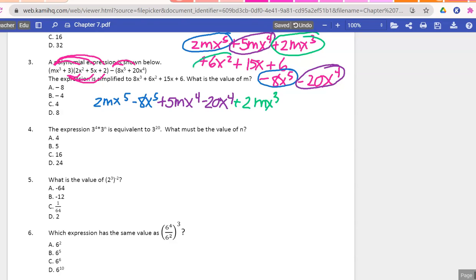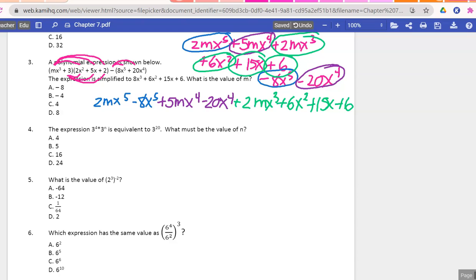I have 6x squared, 15x and 6. None of those things have like terms. That's why I wrote them all in the same color. So those guys all written in green, they just come down.